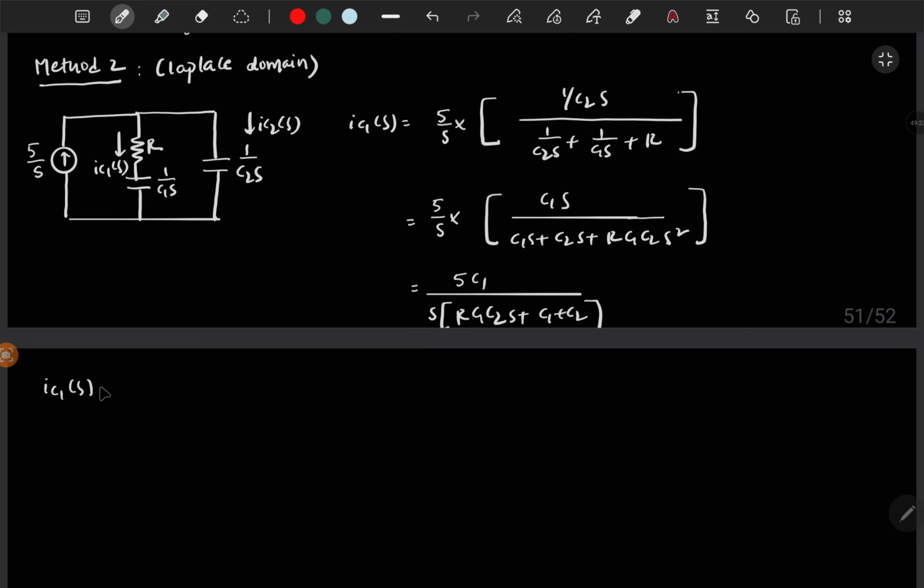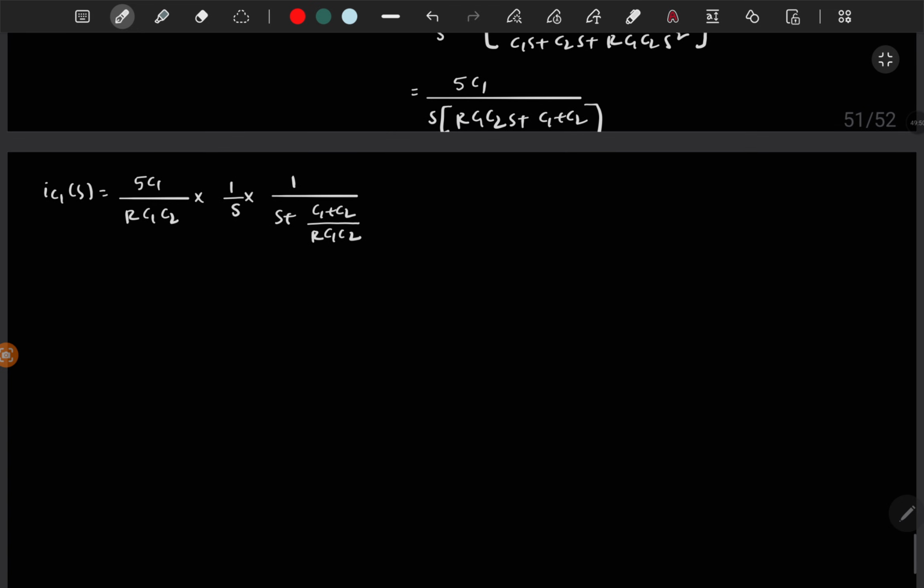So IC1 of s is equal to phi C1 by, if you take R C1 C2 common, into 1 by s times 1 by s plus C1 plus C2 by R C1 C2. If you take R C1 C2 common, then you'll get this.